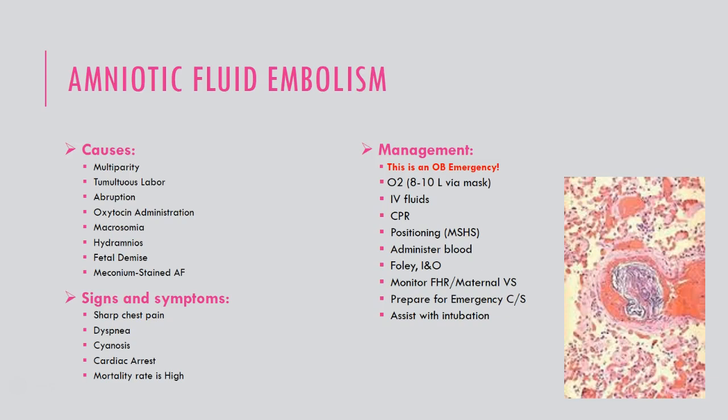You'll also see things like hypotension. They'll be anxious, restless. Their respirations will be labored. Again, like I said, a sense of impending doom. It can happen after delivery of the placenta during the third stage of labor. So the labor nurse should always look for these signs and symptoms during the third stage and be prepared.